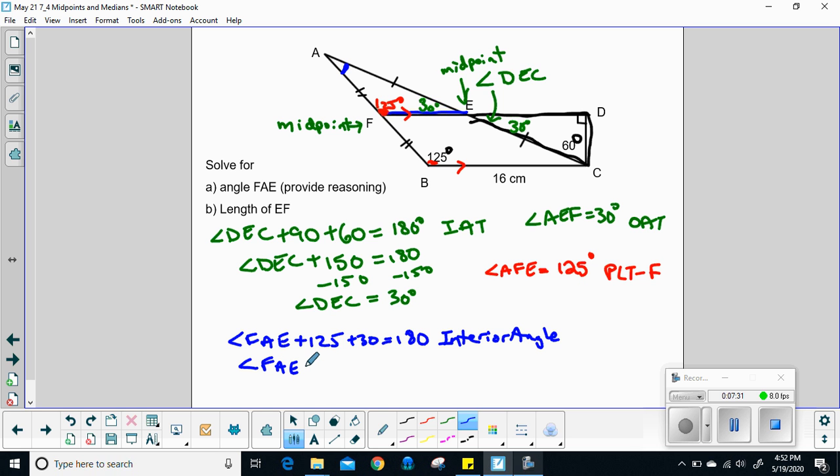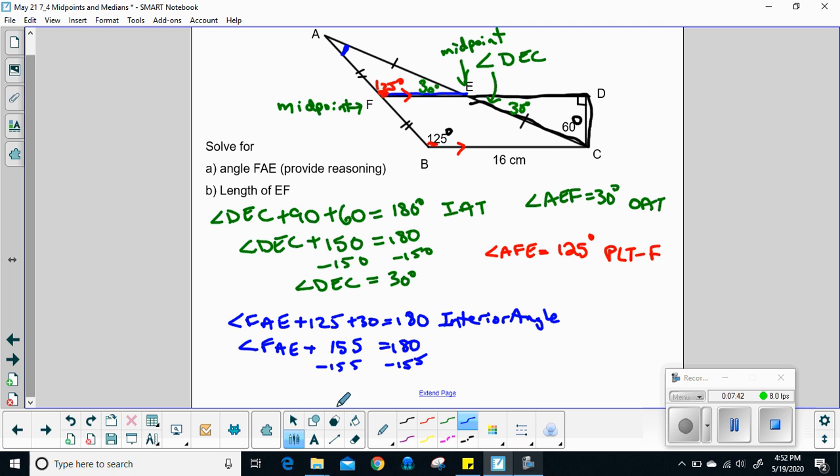Angle FAE plus 125 plus 30 gives me 155, equals 180. Subtract that from both sides. And what do we got? My angle is 25 degrees. So that's really cool. Okay, what's left?